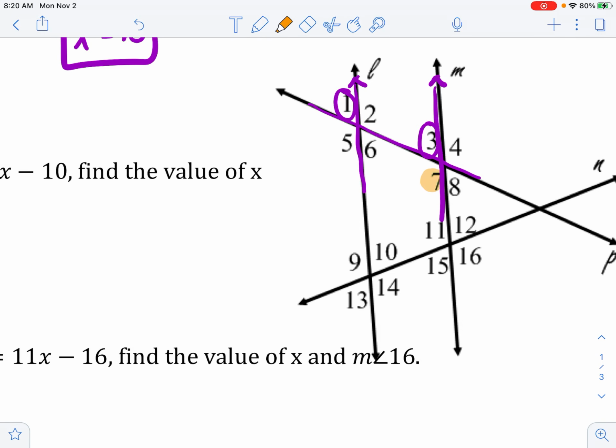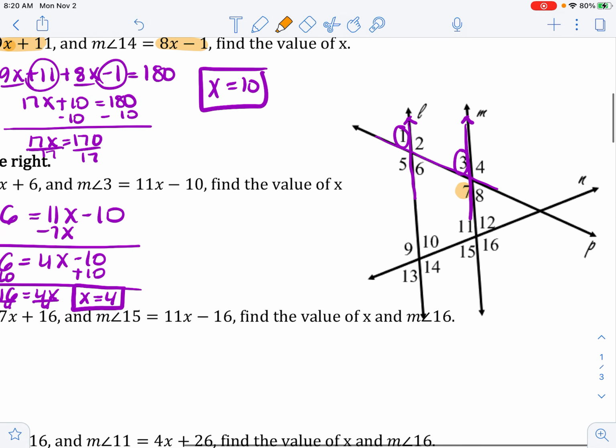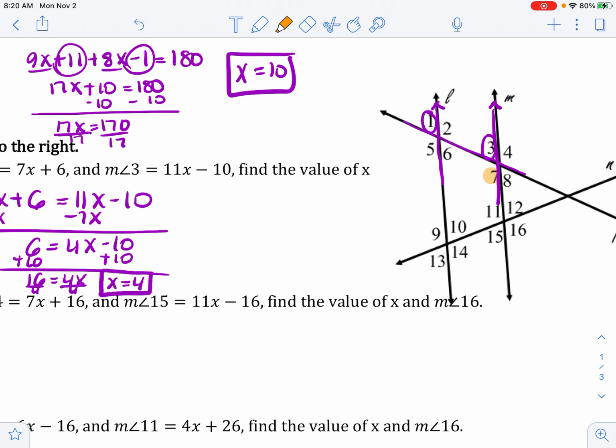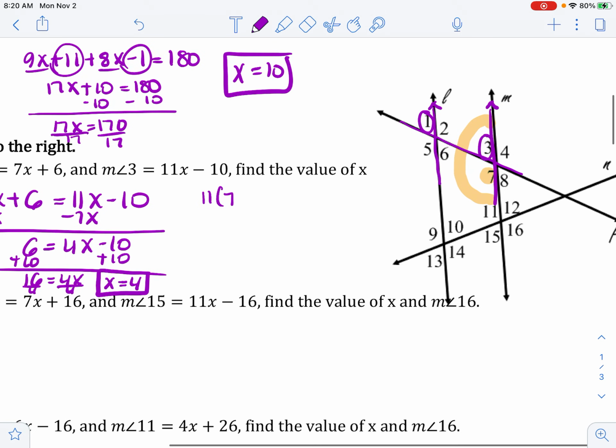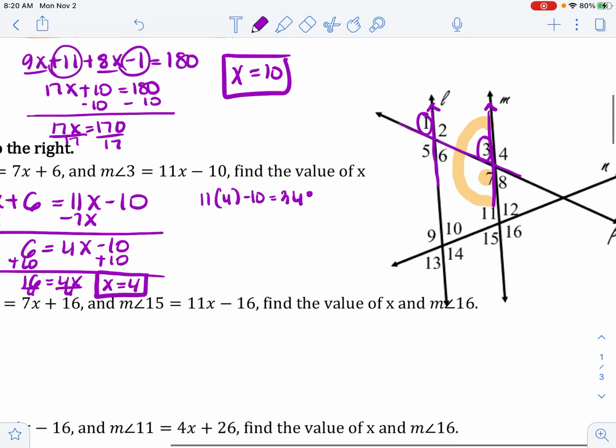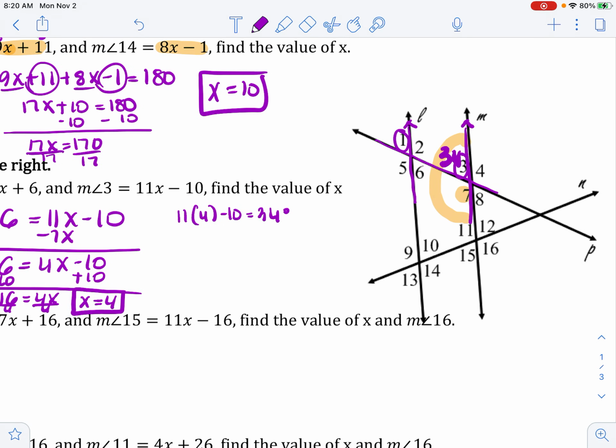And then it also asked me to find angle 7. Okay, so if I look at where angle 7 is, it's right here. So I say to myself, they didn't give me angle 7, but they did give me angle 3, and I know that these two form a linear pair. So I'm going to find angle 3 first. 11 times 4, it was 4. 11 times 4 minus 10, which is 34 degrees.